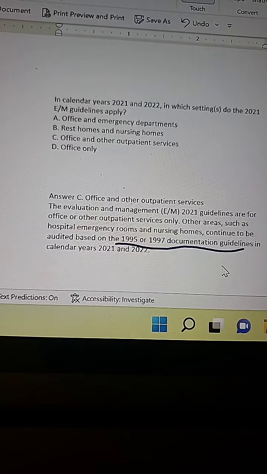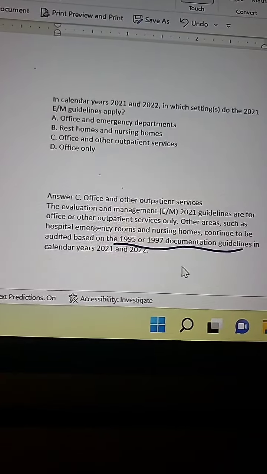They're not anything different than really what's already in the CPT book. I'm wondering if they'll get rid of them for the 2023 year because they're redoing all the emergency room, hospital, nursing homes, and all that stuff for the 2023 year. So we'll see.